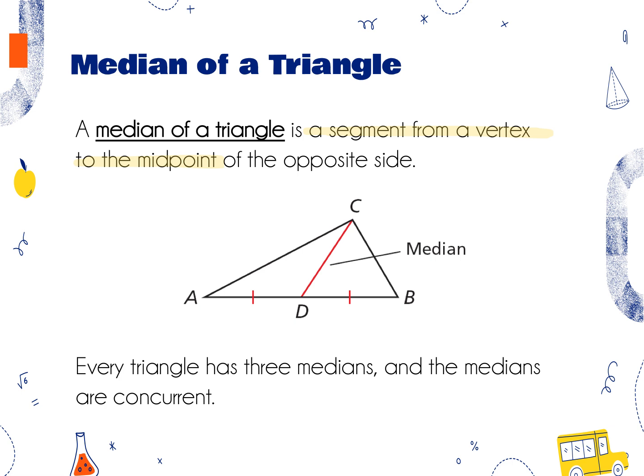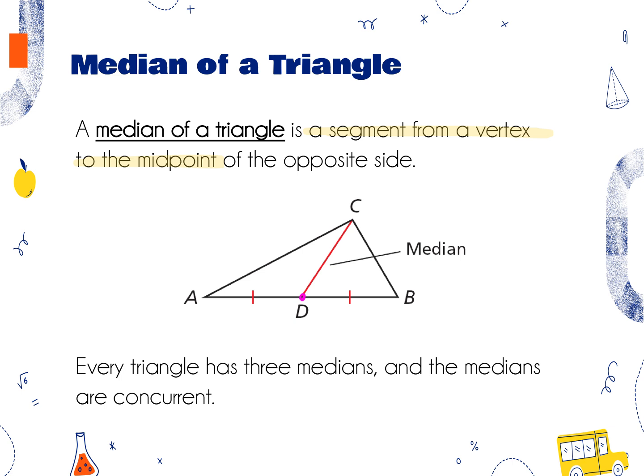So when I'm looking at the median, I'm going from the vertex to the midpoint. That means I am cutting my segment, looking at segment AB, in half. That's where I'm stopping. This point right here is my midpoint. Let me grab a color.